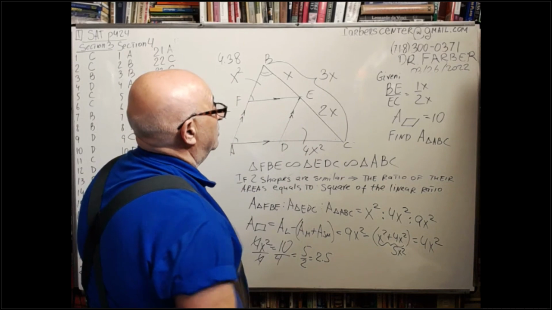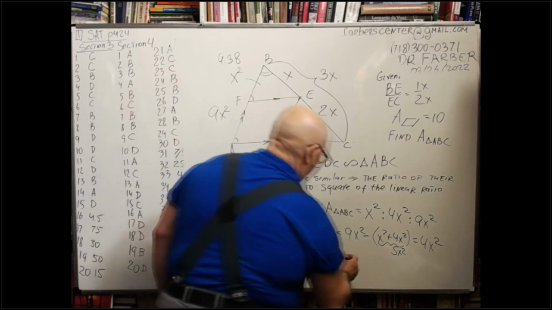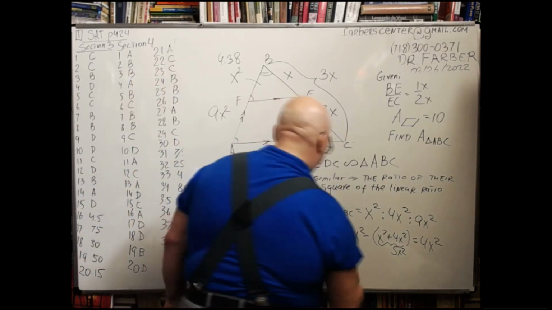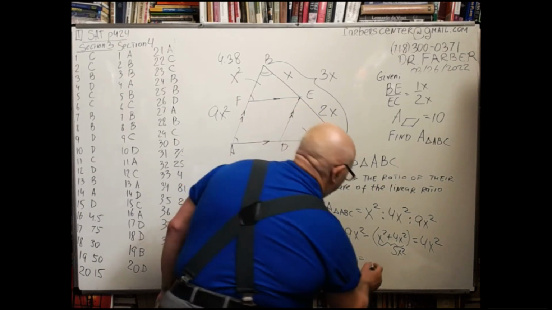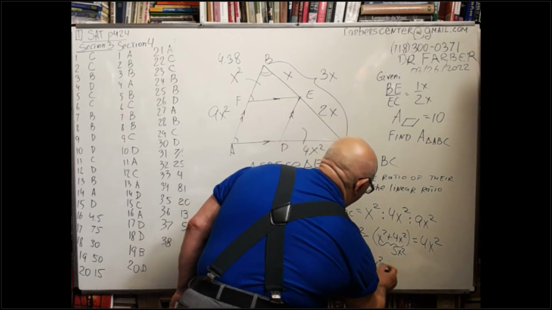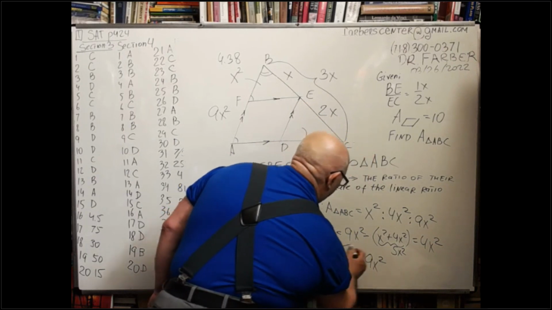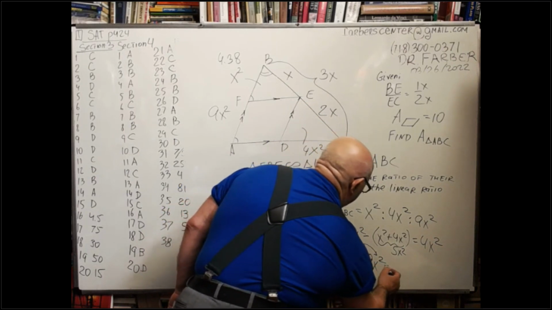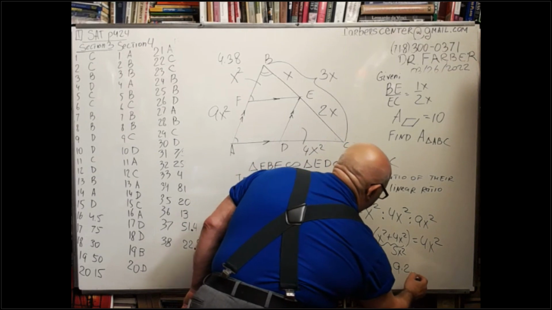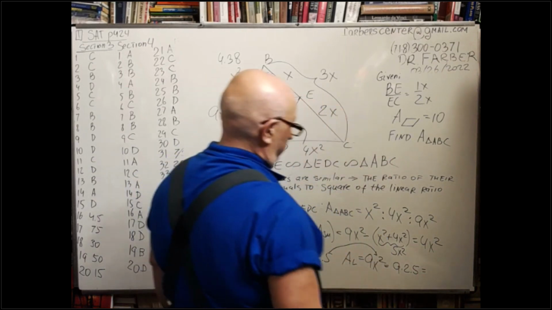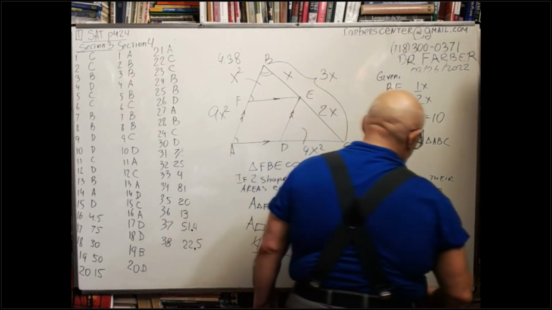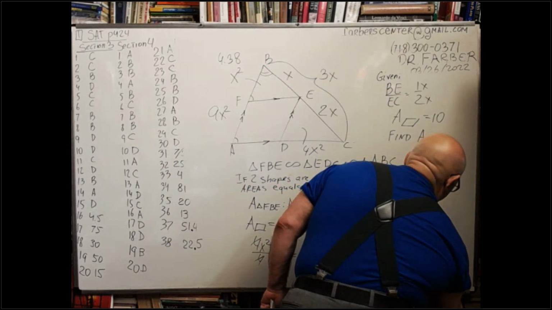Since they ask you this big one, area large, or you can make proportion even faster. 9x squared, and since x squared equals 2.5, plug in over this, it will be 9 times 2.5. It will be 18 plus 4.5, 22.5.